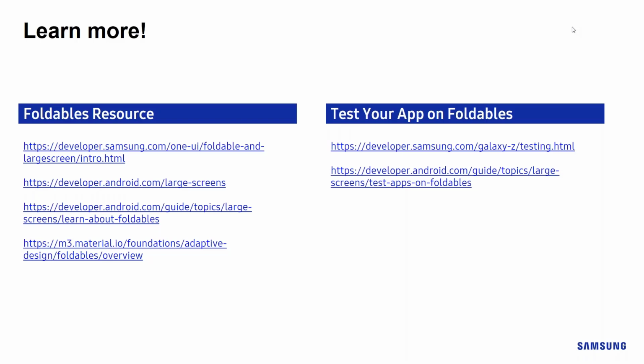Because currently in the Samsung developers site, the only information that was provided is the Fold 2. But we will share the actual screen size or even the aspect ratio for the Fold 3.